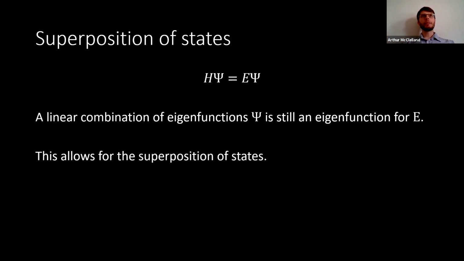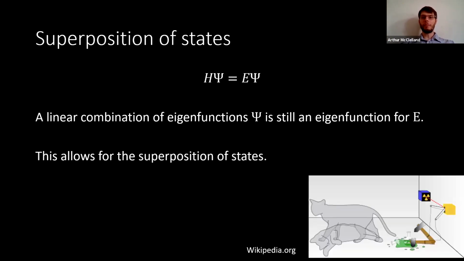And remember, we had the proof that the linear combination was still a solution. A linear combination of the eigenvectors was still a solution to the eigenvalue equation. Here, a linear combination of eigenfunctions psi is still an eigenfunction for E, where E is the eigenvalue for energy. And here's where the superposition of states comes out of the math.